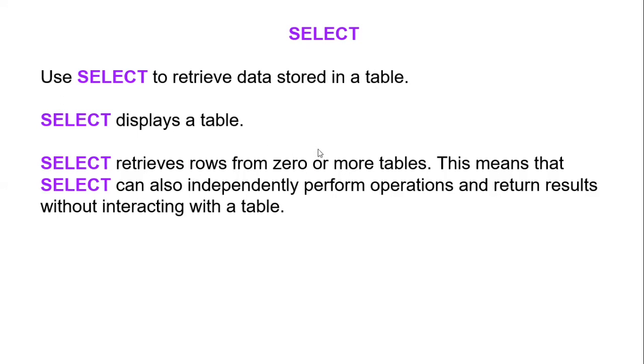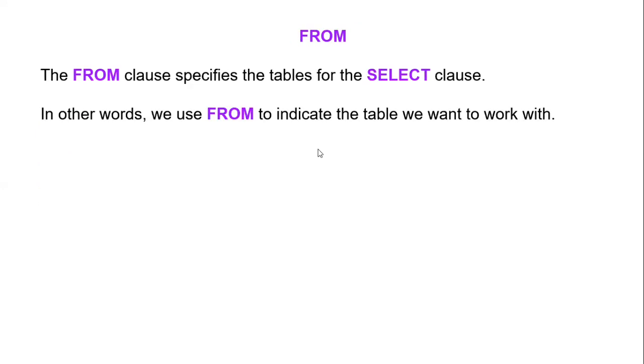And I'm going to show you that with an example in a few minutes. Before that, I just wanted to tell you about the from clause. The from clause is what we use to specify the table that we want to work with. Again, in other words, we use from to indicate the table that we want to work with after we do the select clause. And let me show you an example now.